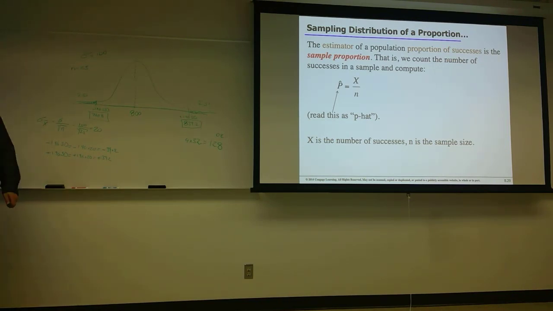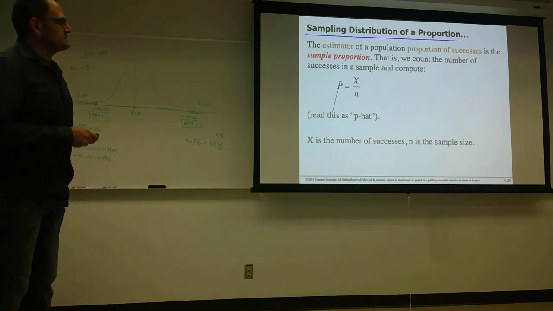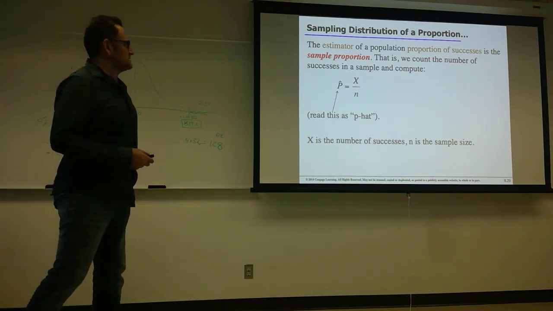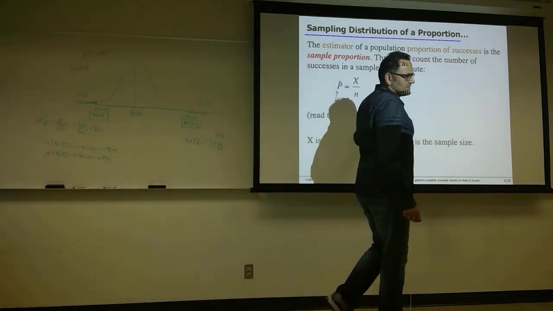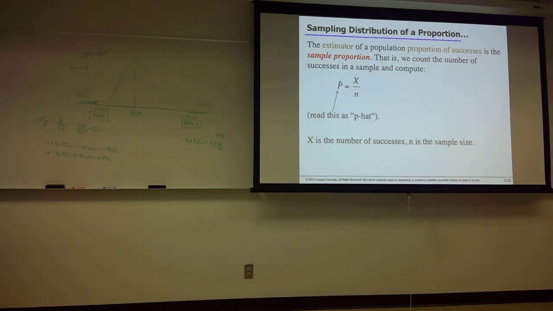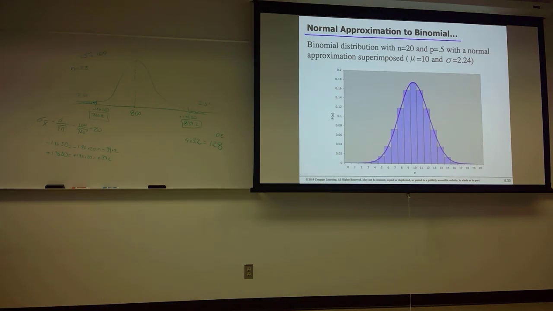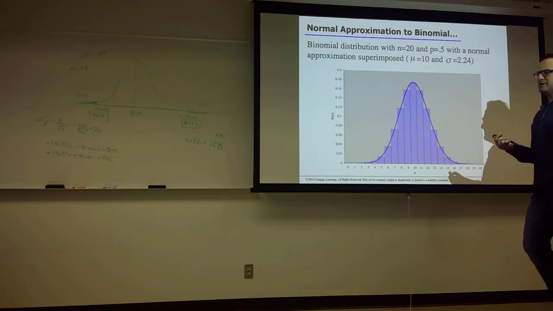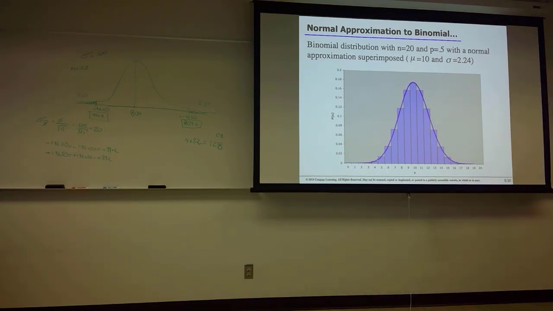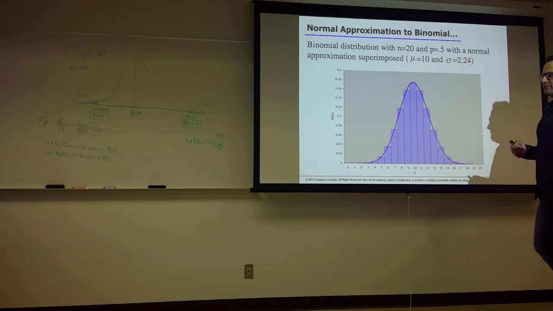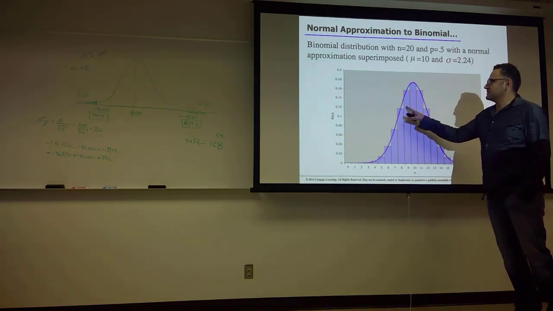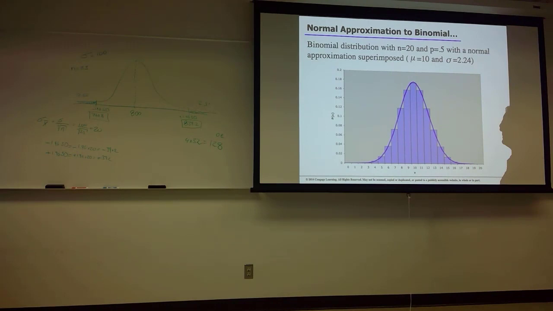Here is the formula that we're dealing with. So P hat, the probability of success, essentially, is defined as the number of successes divided by the sample size. Let's take a case where we have a P of 0.5, so for example, head or tail. If you take a coin and you toss it 20 times, we can calculate those probabilities for each single case with the help of the binomial table.